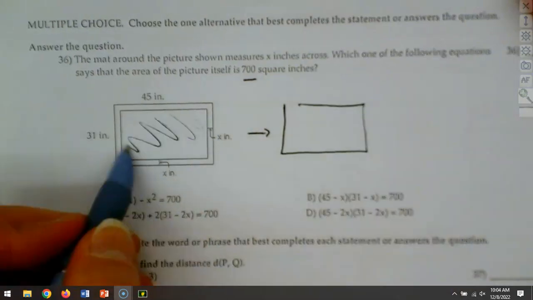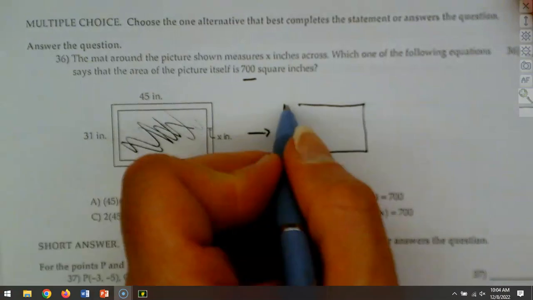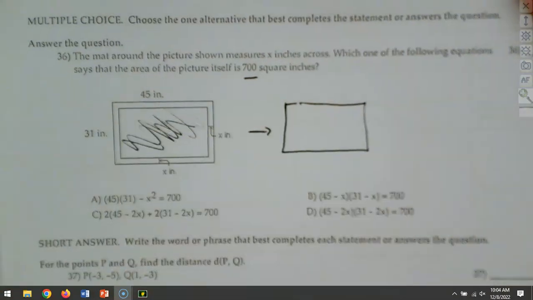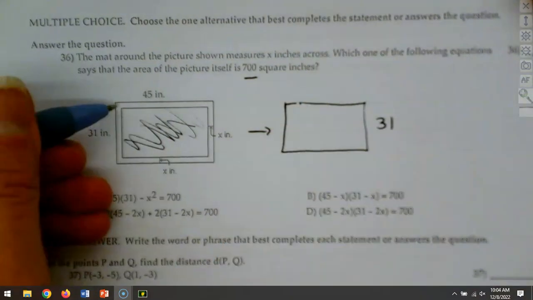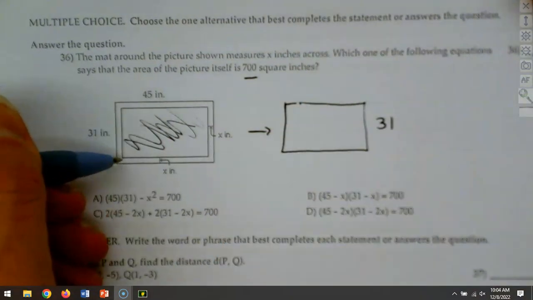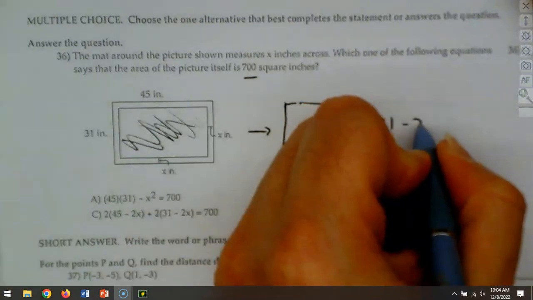So that's this piece right here. We look at the inside, and we need to redimension it. Okay, now here's where sometimes students make a mistake. This is 31 tall, but what's got to be gone from it? It's not just X, it's a minus 2X.